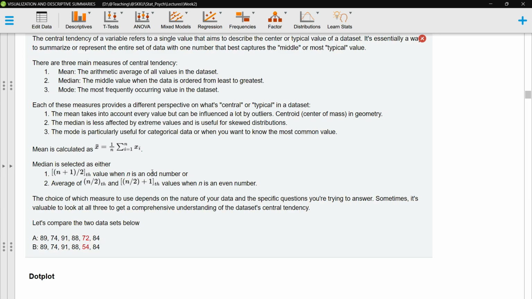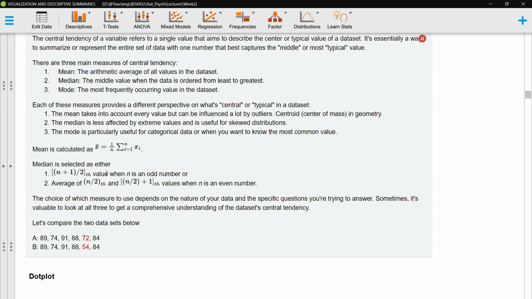In case of an odd number of observations, for example n is equal to 5, then we can use 5 plus 1, which is 6, divided by 2 is 3. That means the third value is the median.